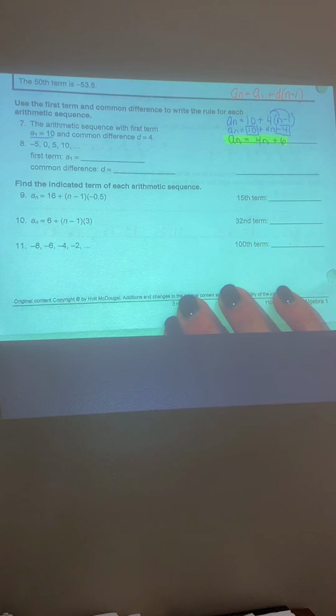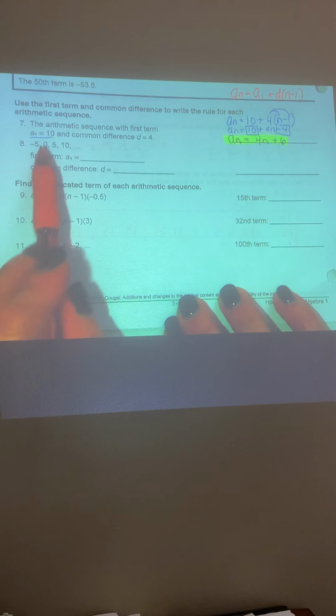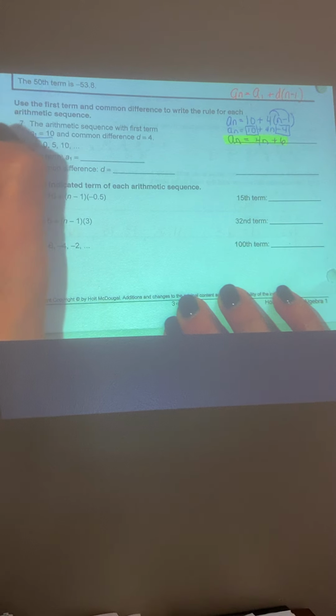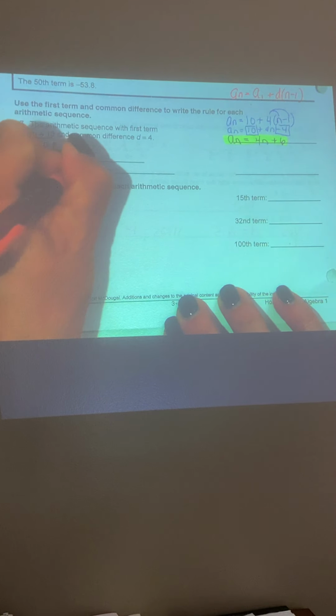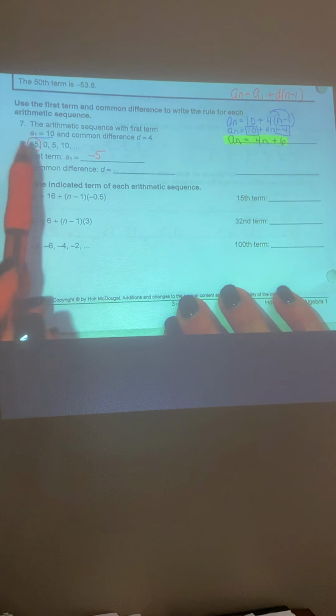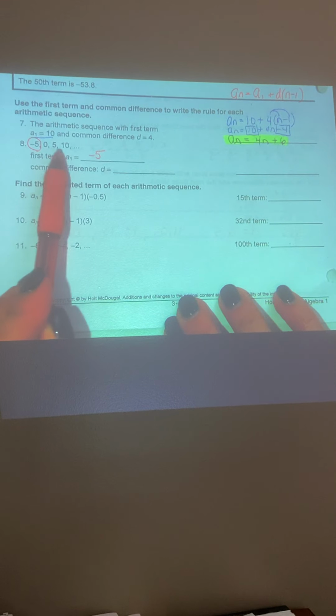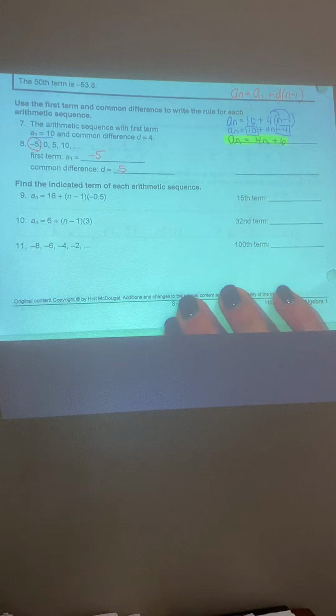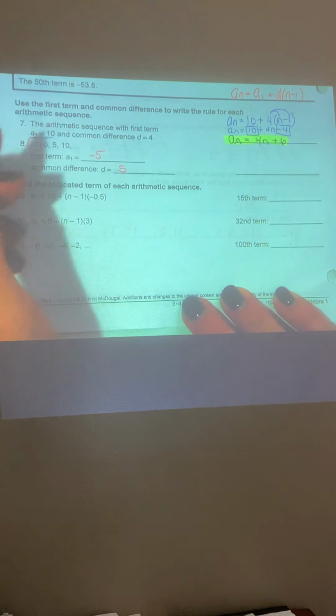Okay, number 8. Negative 5, 0, 5, and 10. My first term is negative 5. My common difference, well, negative 5, 0, 5, and 10, my common difference is positive 5. So what do we got here?